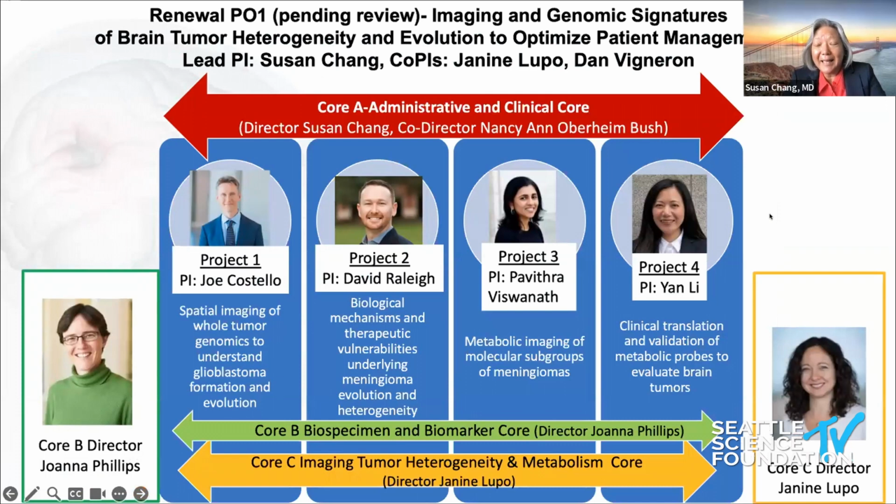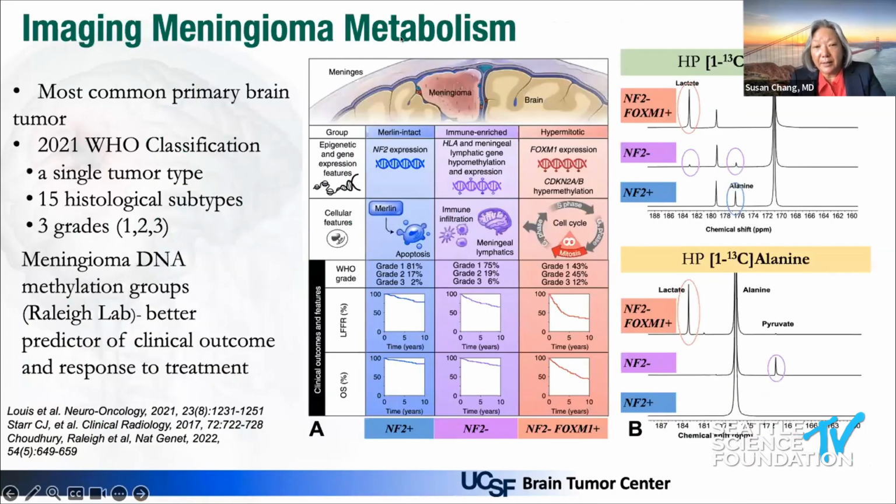We'll wait and see. But in this one, I wanted to highlight the fact that we are also now exploring meningioma as a potential way to understand how the various molecular subtypes of meningioma can be leveraged in terms of their metabolism. This is work done preclinically by Pavitra Viswanath, where she can see that the various subgroupings have differences in metabolism using C1 pyruvate, but also this probe using alanine.